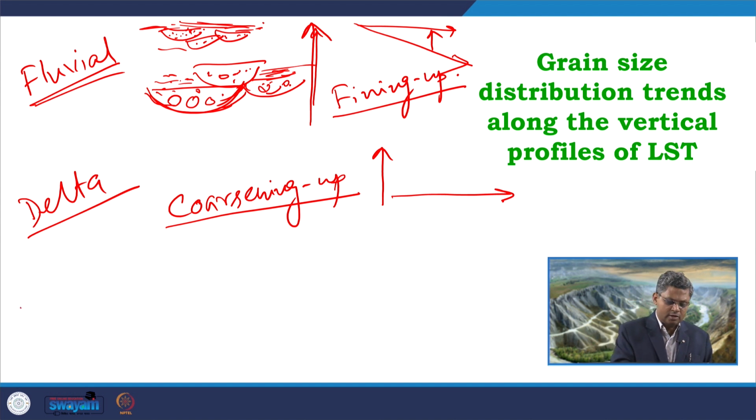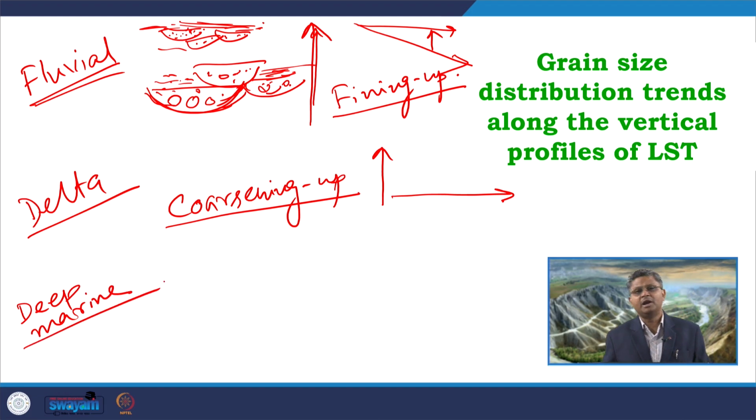And if I look into the deep marine part, what kind of conditions can we observe over here in the LST? In the previous phase, when the falling stage was going on, the last deposit was a high density turbidite.